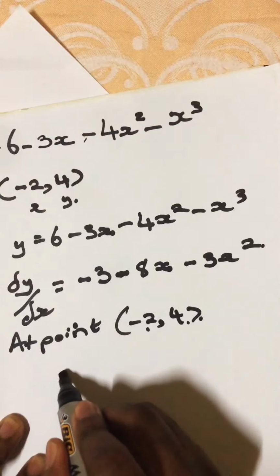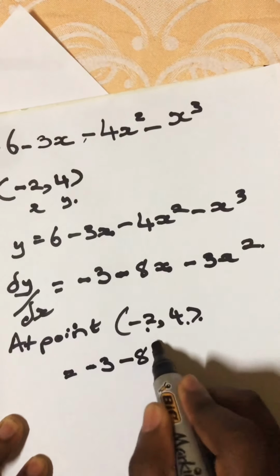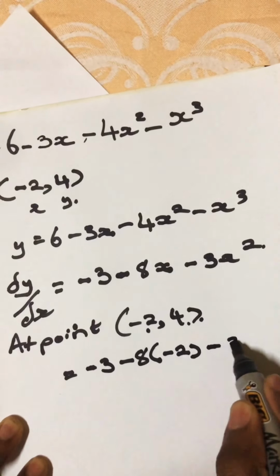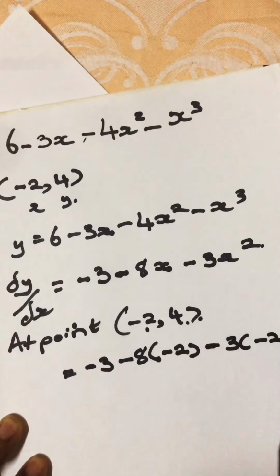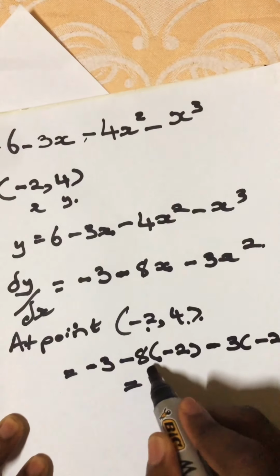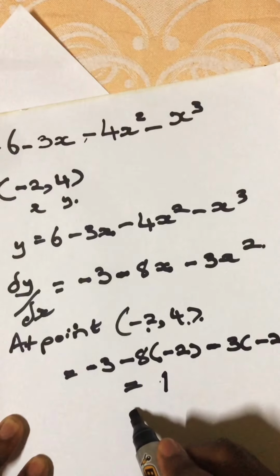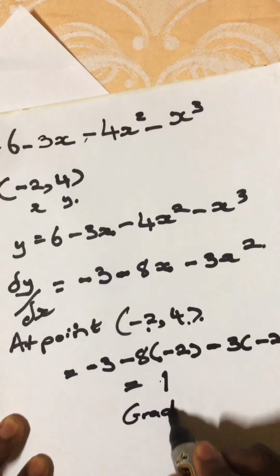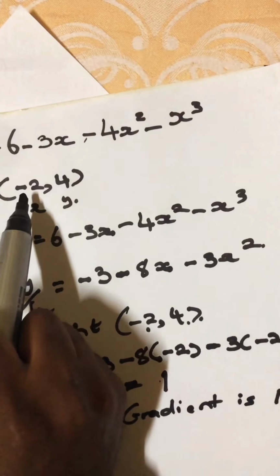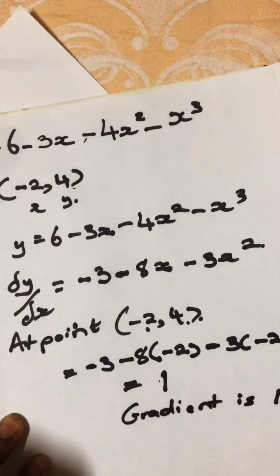So we have -3 minus 8 times -2 minus 3 times (-2) squared. And solving this gives us -3 plus 16 minus 12. It gives us 1. So our gradient is 1 at the point (-2, 4) for this equation, for this curve.